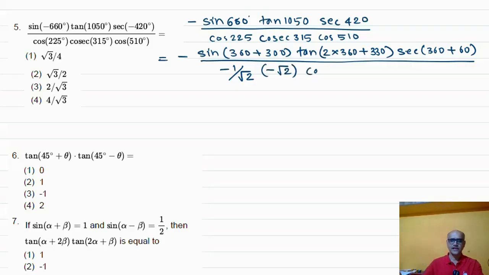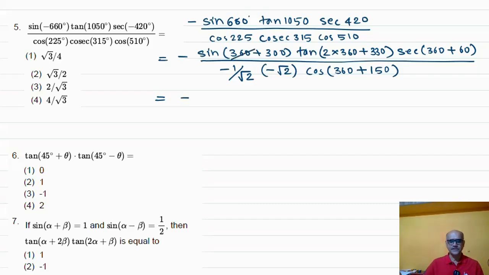Cos 510 again is greater than 360. Let us see how much more, it is 150. So this is equal to, if I simplify, we drop the n into 360.